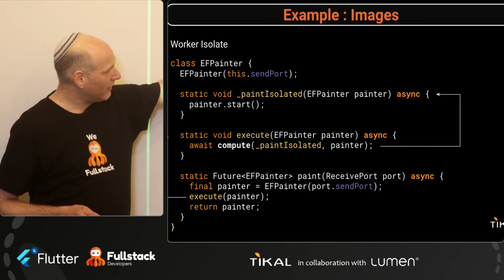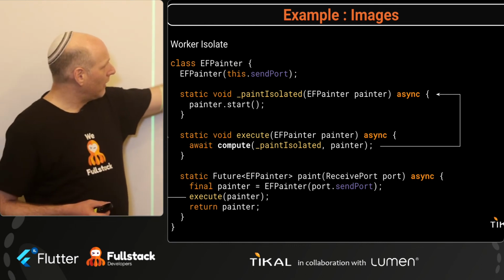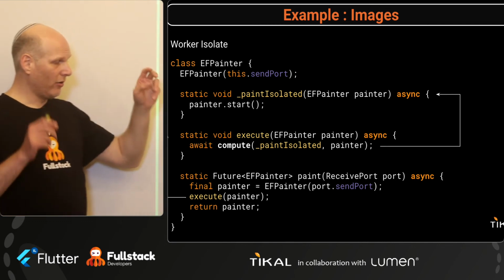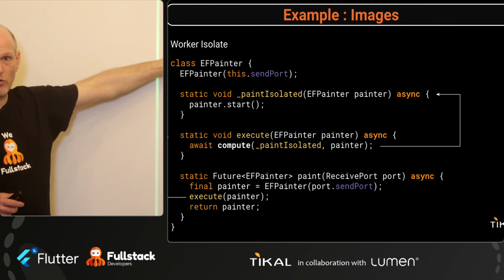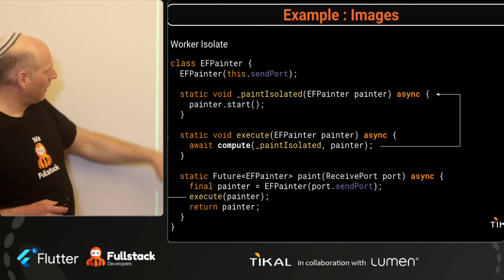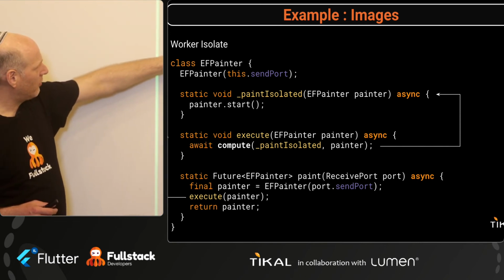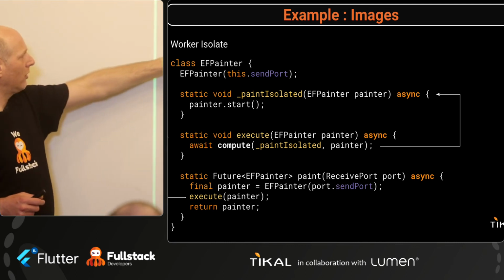paintIsolated is the isolate entry point, and this is the main of the painter isolate. And notice that it's static. It must be static or global. These ones don't need to be, but this one has to be, because it's code that is not shared.